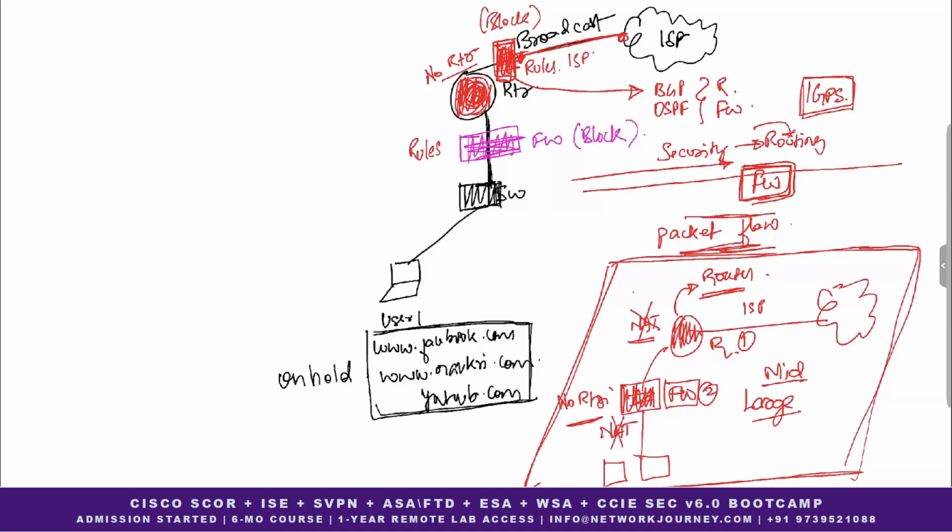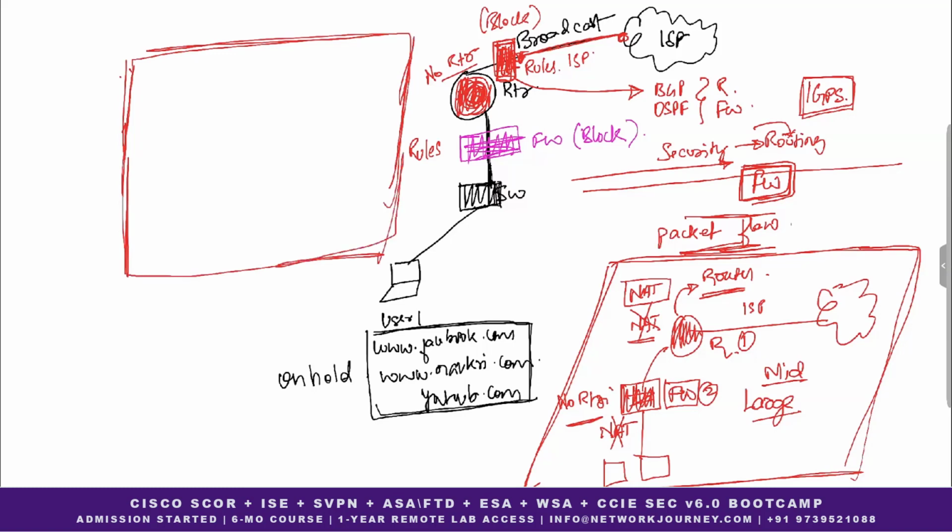So this also comes from the design team, how they want to treat it. So this is for mid and large range. Now some client or customer does not have a lot of employees in that building, so they don't want to spend a lot of money. What they will do, they will buy one firewall and enable routing, NAT, and firewall appliance features, and connect this to this ISP.